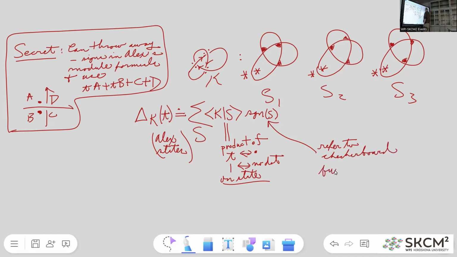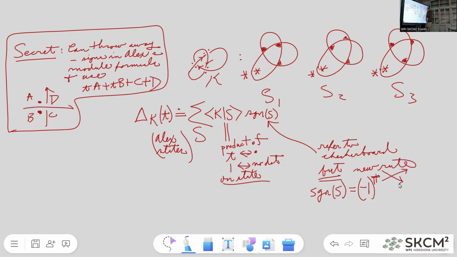But new rule: the sign of the state is equal to -1 to the number of state markers that look like this, in between two incoming lines.